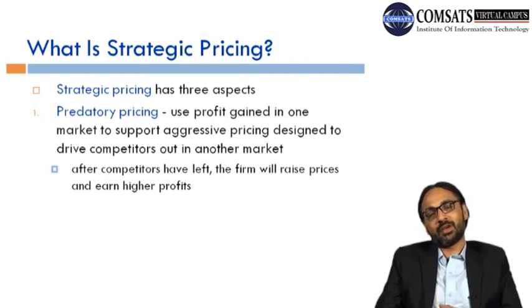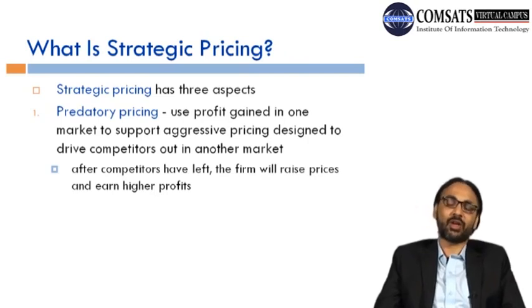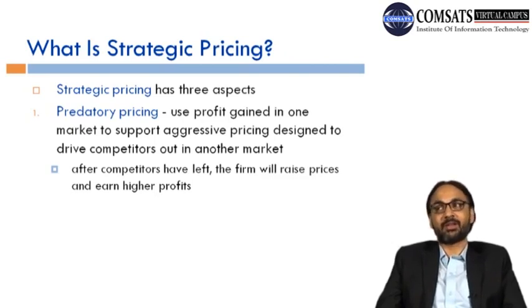Consider for example a firm operating in two or three markets like India and China. That firm might gain really good profit in China and use that profit to support its Indian subsidiary, decreasing and reducing the price in the Indian market.